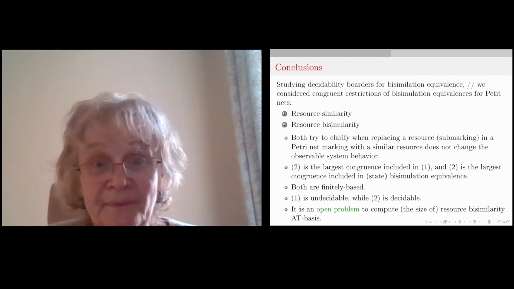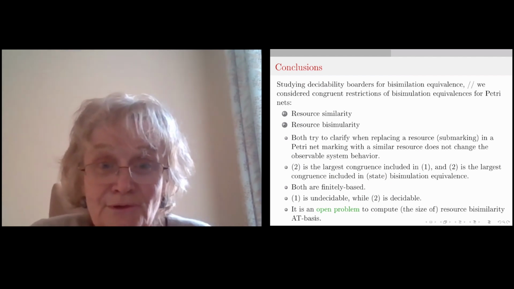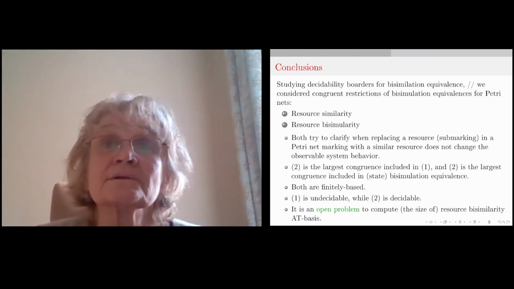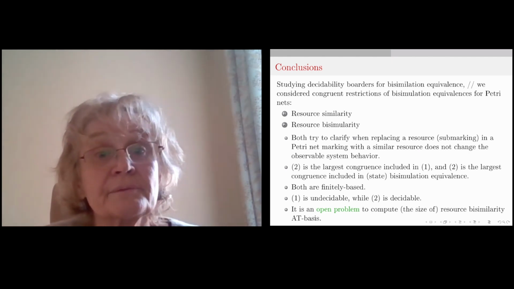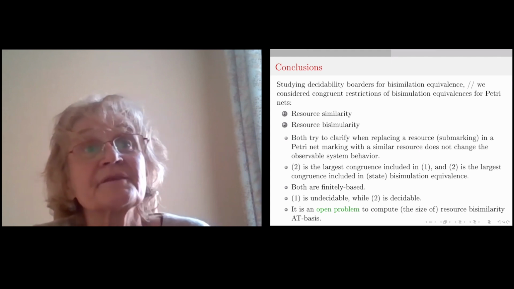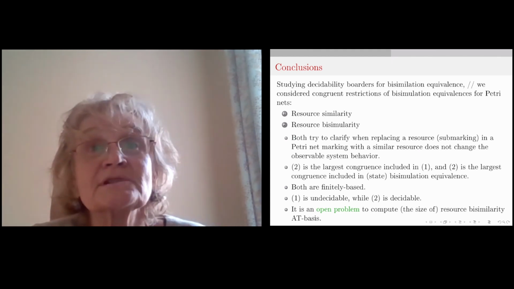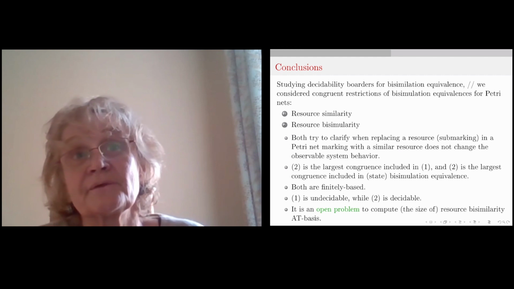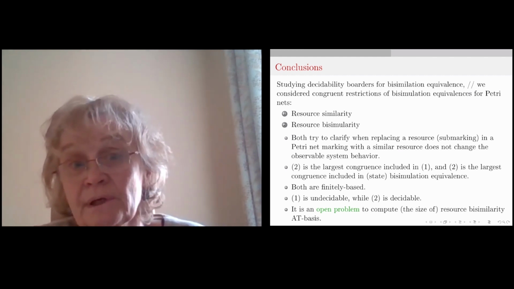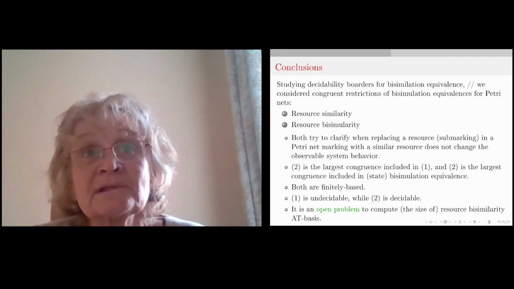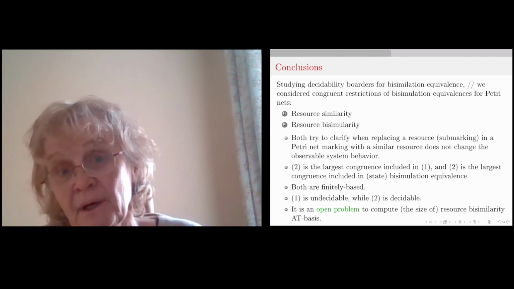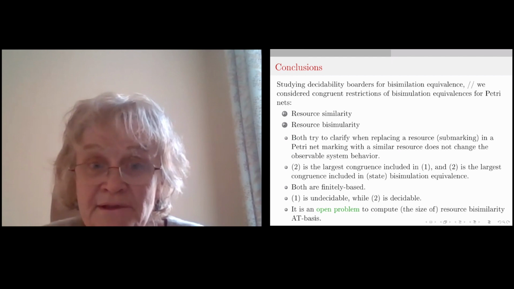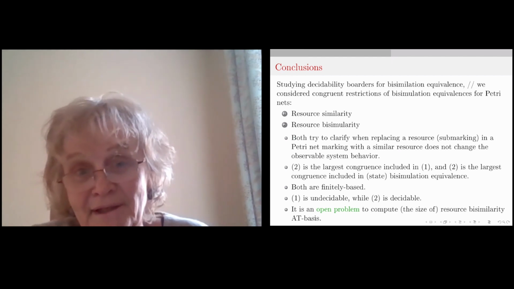And now, some short conclusions. We were discussing decidability borders for bisimulation equivalence. And for that, we considered congruent restrictions of bisimulation equivalences for Petri nets. Because for a congruent subclass of Petri nets, yes, it is decidable.